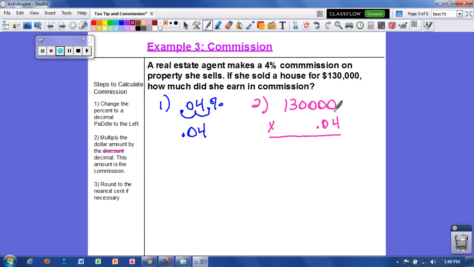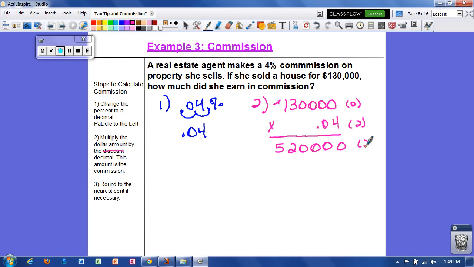All right, 0 times 4, 0 times 4, 0 times 4, and 0 times 4 again. Then we have 3 times 4, which is 12. Carry the 1. 1 times 4 is 4, plus 1 is 5. I have no decimal places here. I have 2 here.